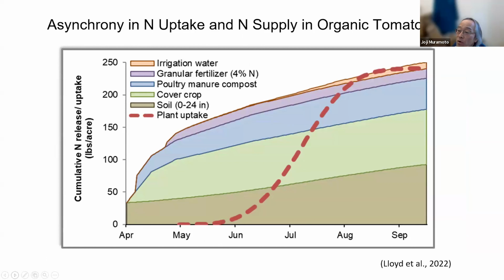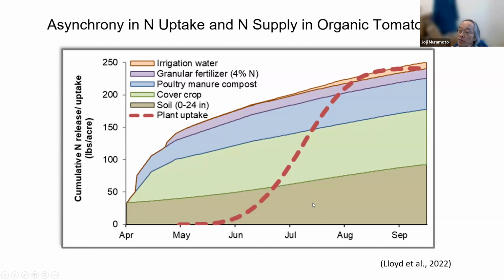This is an example of organic tomato growth and nitrogen uptake and nitrogen provision to organic tomatoes. This is data by Margaret Lloyd. I think it was from UC Davis. So nitrogen was provided from multiple sources, from soil.